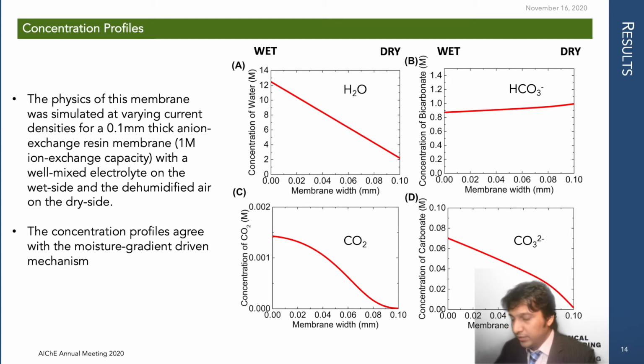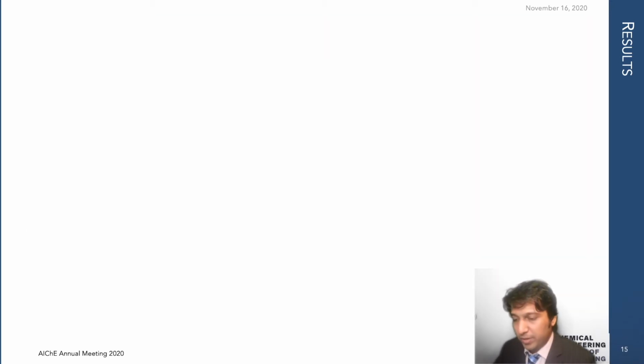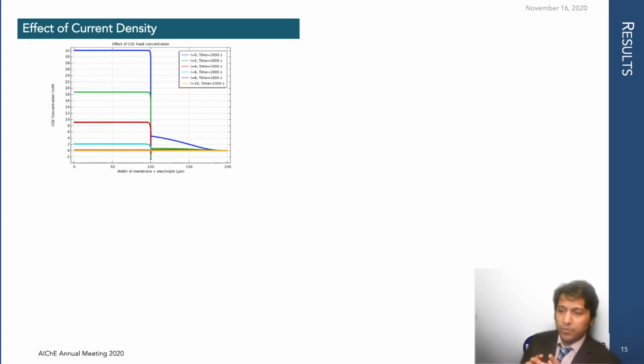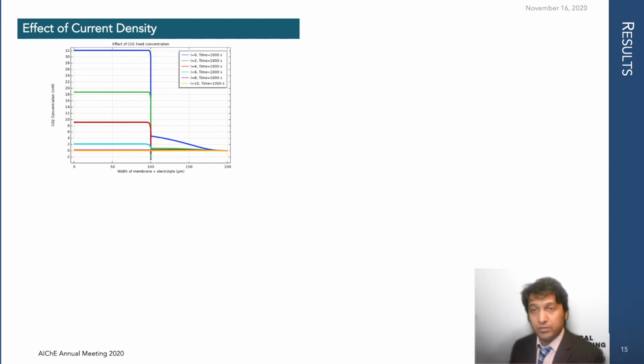So now let's see the effect of different operating conditions for this membrane. So let's look at the effect of current density. Now, how the current density was set up in this model was in the electrolyte. We just used a flux to remove the CO2 at a certain rate.